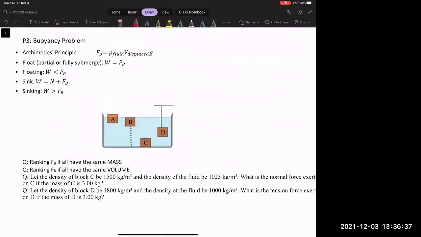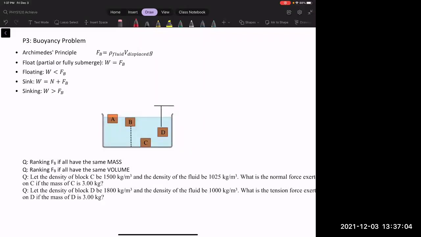The third one is about the buoyancy problem. For buoyancy, there are several principles and you have to remember Archimedes' principle, which always tells you the buoyancy force equals the density of the fluid times the displaced volume times g. That is the buoyancy force from Archimedes' principle.